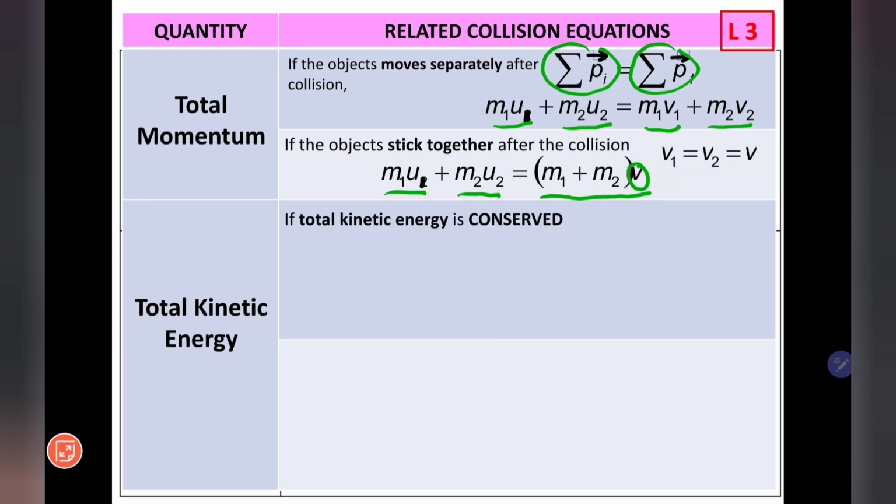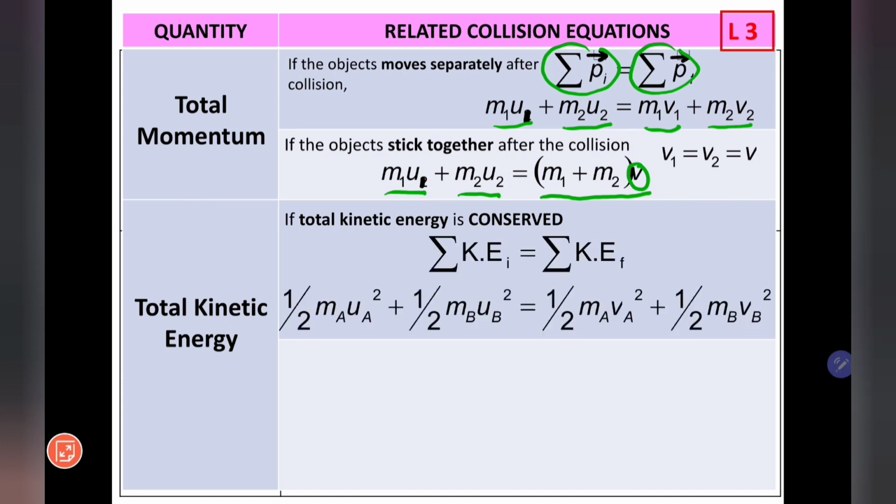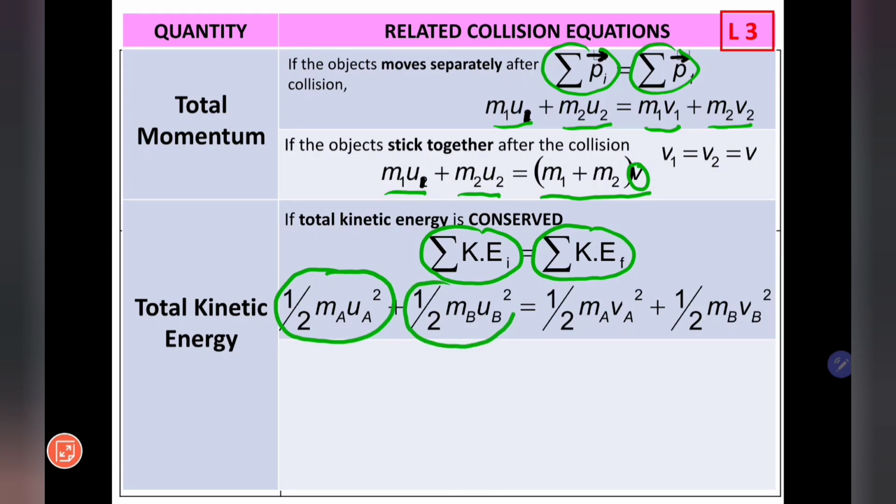If the total kinetic energy is conserved, the total kinetic energy initial equals the total kinetic energy final. For the initial one, what do we have? Two bodies, A and B. The kinetic energy of A is half m_A U_A squared, the kinetic energy of A before the collision, and half m_B U_B squared is the kinetic energy of B before the collision.